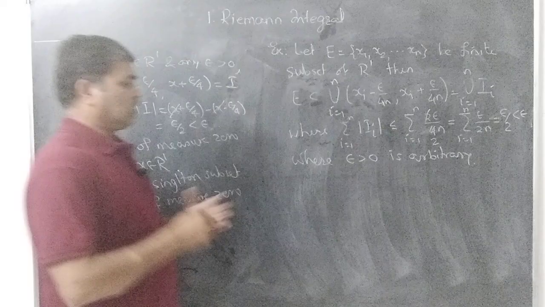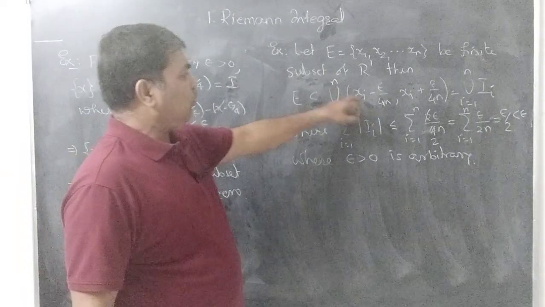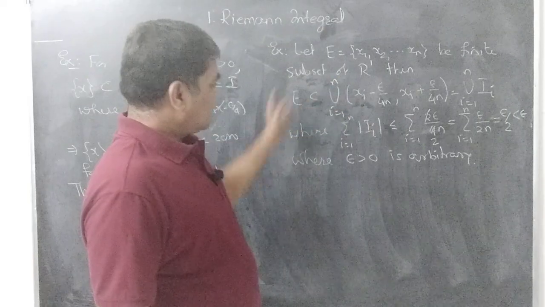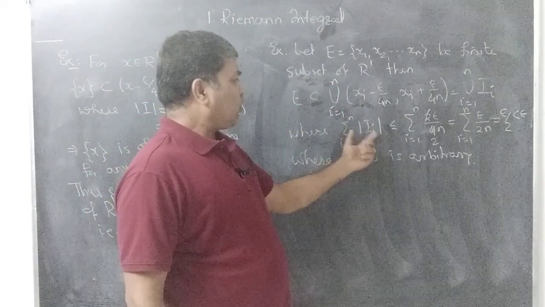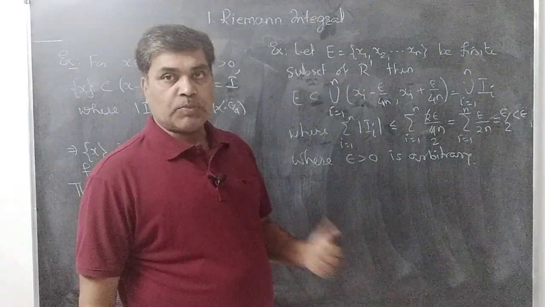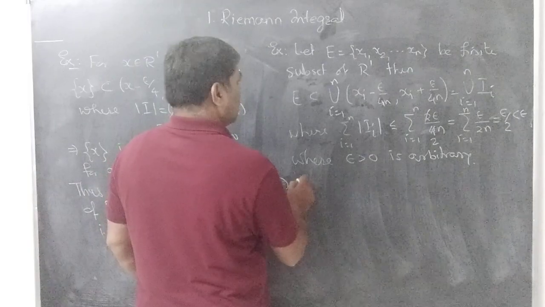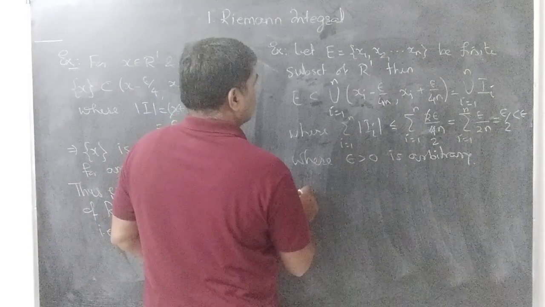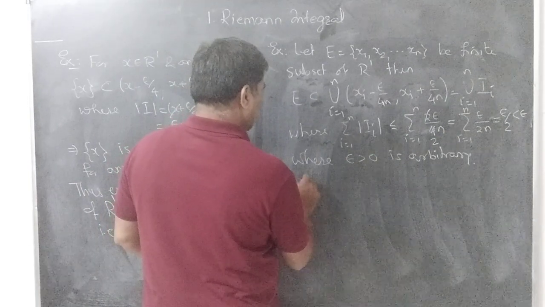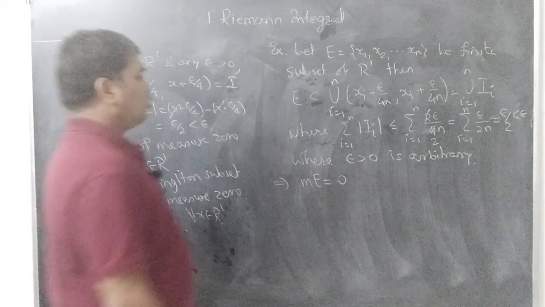There is no restriction for that. So it is a finite number of open intervals such that the sum of the lengths of all intervals is less than epsilon, whatever your choice of epsilon may be. This implies the measure of E is 0.